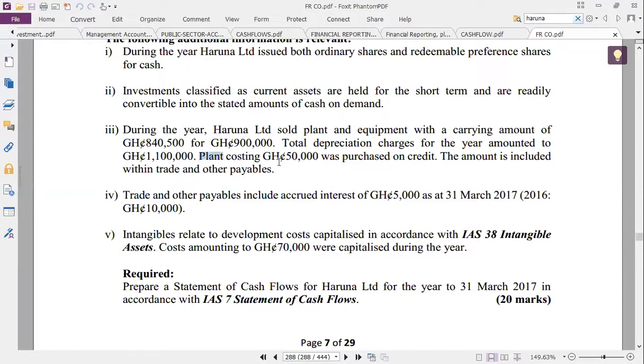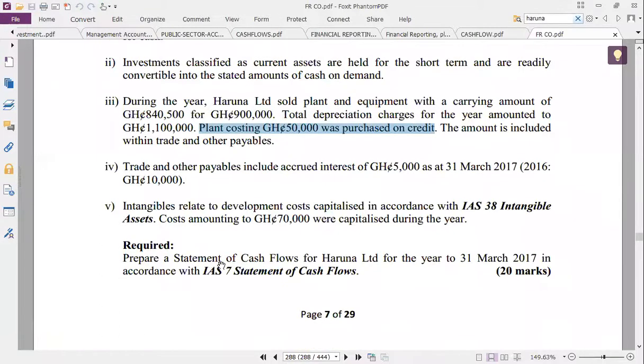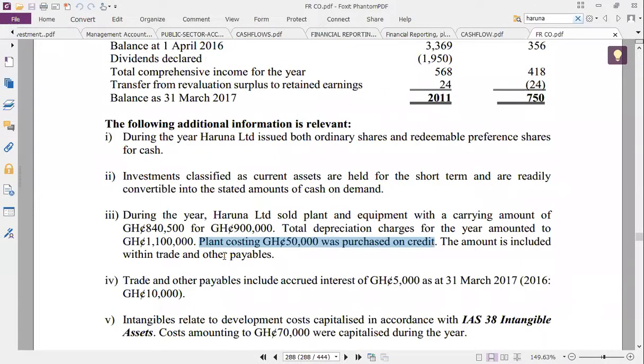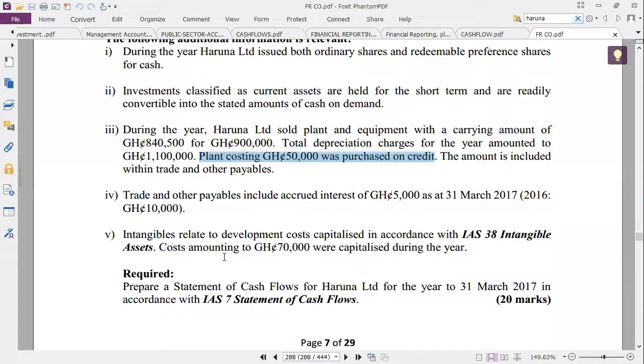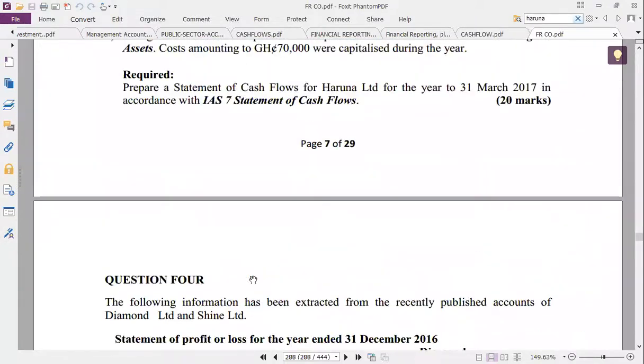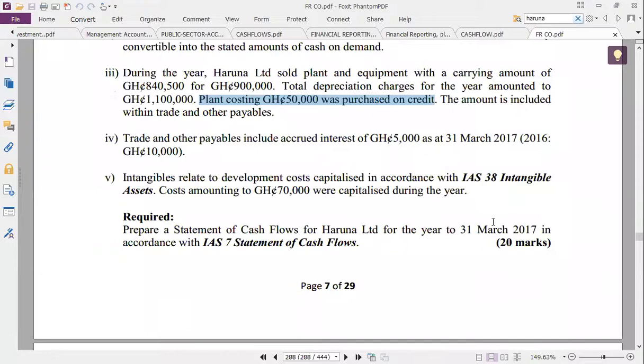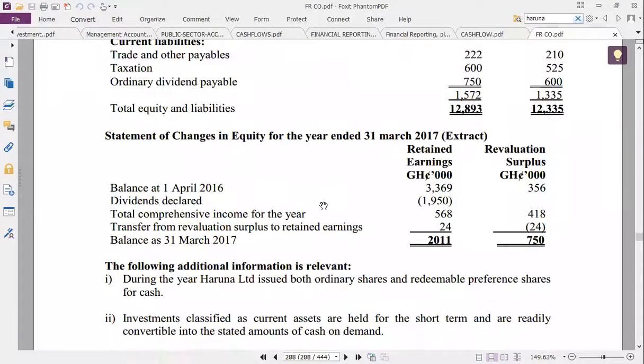This was the issue I was talking about, the acquisition on credit. Kindly try this, even though the solution to this is in the video description section. Yes, this is Haruna. If you go down there, you see Haruna there to pick it up. It's a nice, interesting question, going for 20 solid marks. So kindly try it for me, it will be fine.